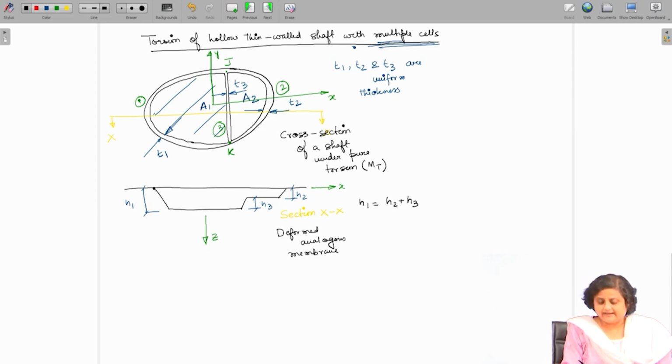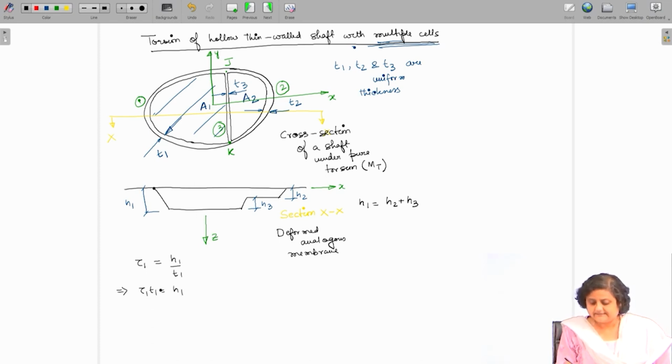Now, we can say that tau 1, that is the shear stress in the portion 1 or leg 1, can be written as H1 by T1, or in other words, tau 1 T1 is equal to H1.